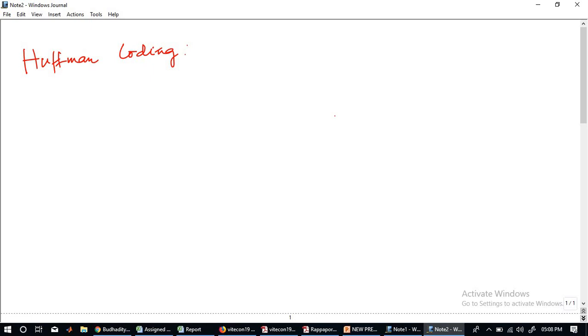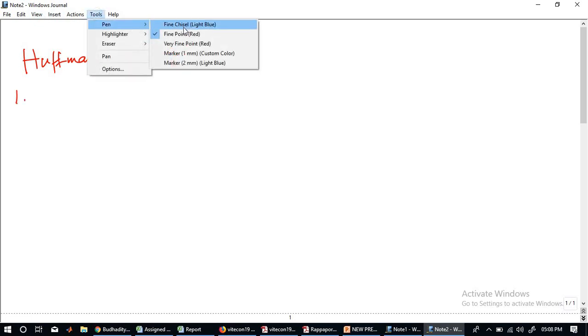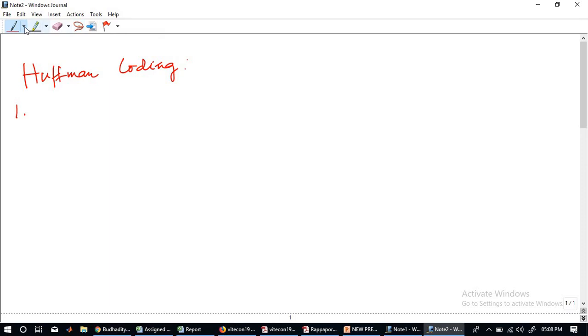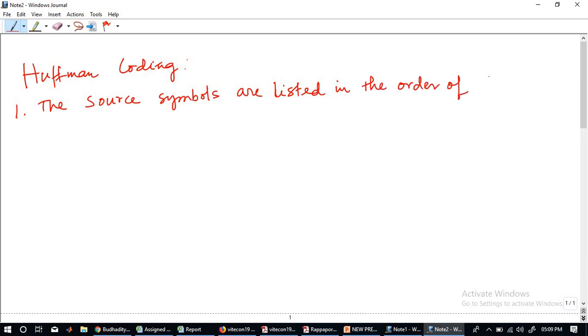So the first step is: the source symbols are listed in the order of decreasing probability.